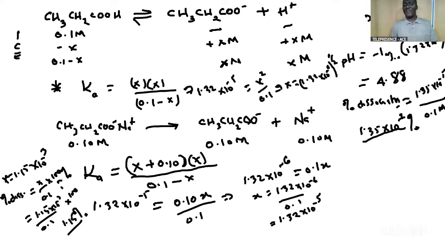However, in the presence of the salt, the amount of propanoate ion that was produced is 1.32 times 10 to the power of minus 5. Comparing the two together, you find out that in the absence of the salt, the amount is far, far greater than in the presence of the salt. That's what we call the common ion effect. That's one of the important applications of solution equilibrium.